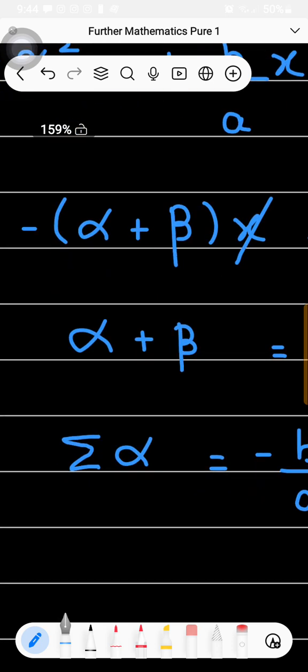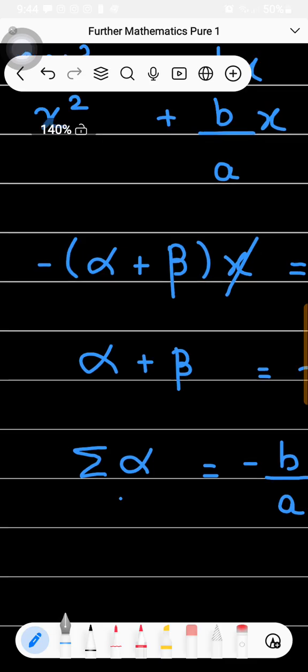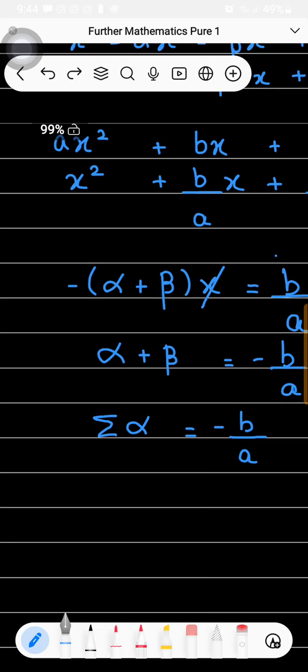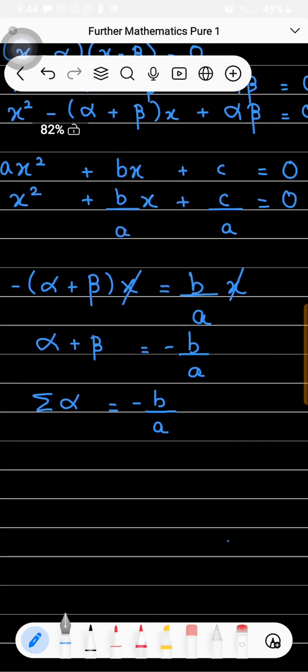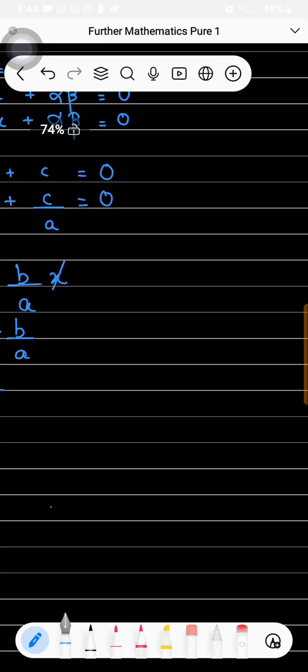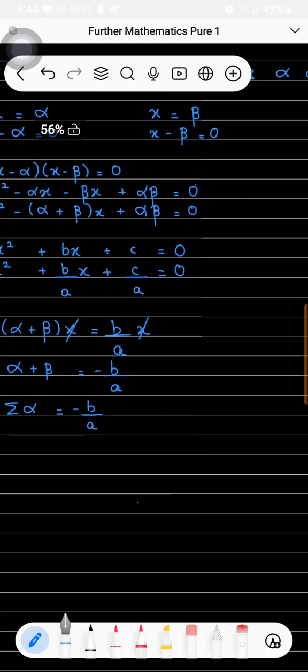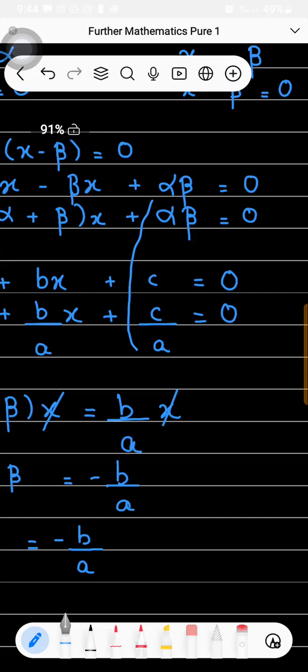So I prefer to memorize the formula as sigma alpha, or summation of alpha, like this, instead of alpha plus beta. Then, moving ahead, we can compare this also, that alpha beta equal to c upon a.